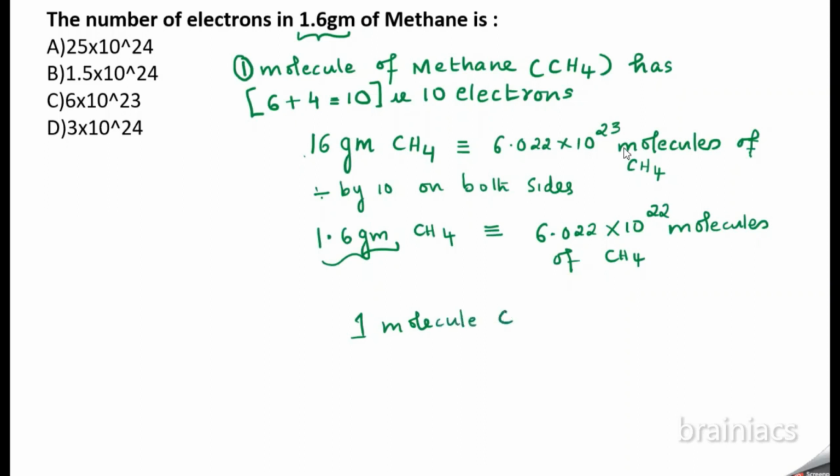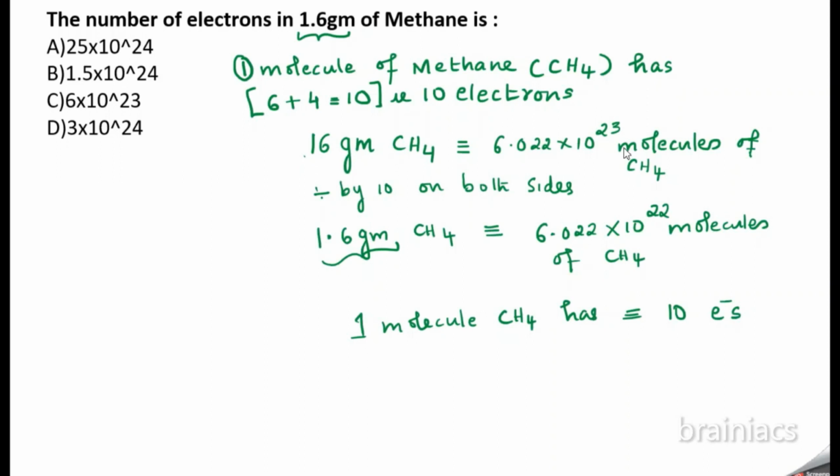One molecule of CH4 has 10 electrons. Now how many molecules do we have? 6.022 into 10 power 22. How did we get that? Because this came from 1.6 gram. Correct, because 1.6 gram has 6.022 into 10 power 22. Why do we go for 1.6 gram? Because that is what they have asked in the question.